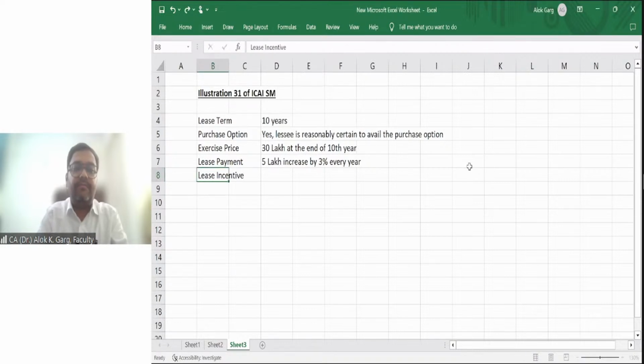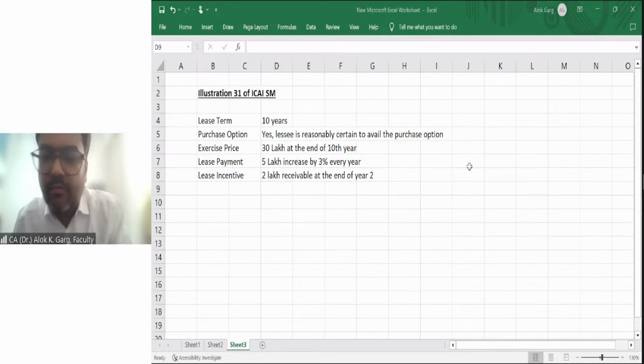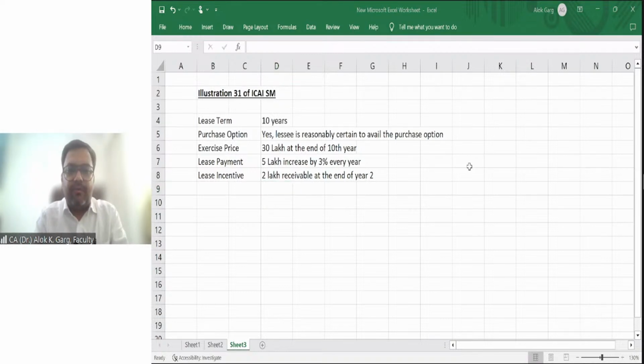The lease incentive is 2 lakh, not payable but receivable, at the end of year 2. Is it end of or beginning of?